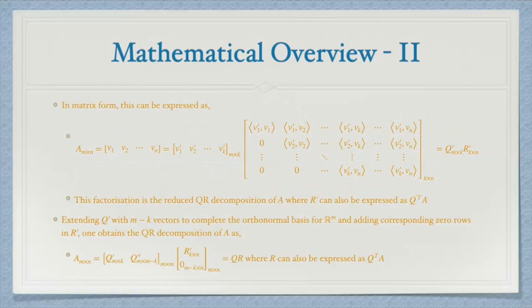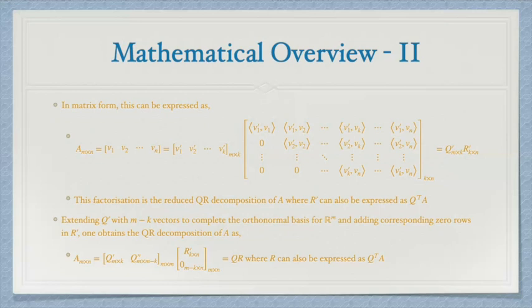Here, V1 dash, V2 dash, and Vk dash are the orthogonalized vectors, and the upper triangular matrix shown next to it represents the reconstruction of V1, V2, so on and so forth till Vn on multiplying each of the following vectors. Now, you may notice that this does not produce a set of square matrices, since Q dash has a dimension of n cross k, whereas R dash has a dimension of k cross n.